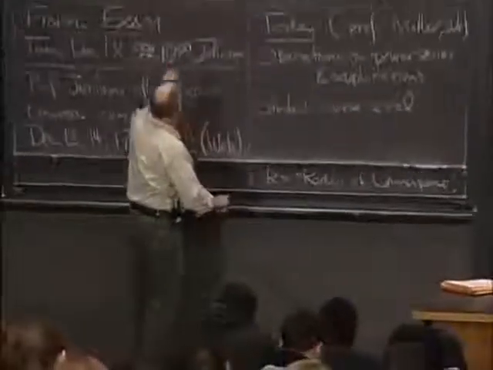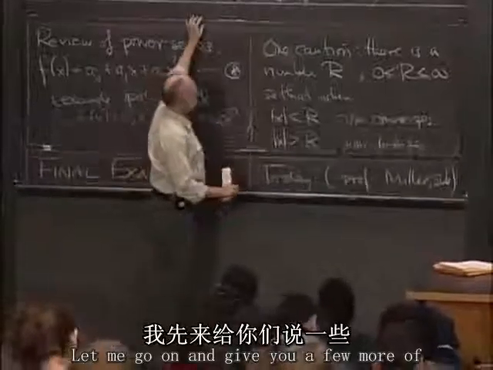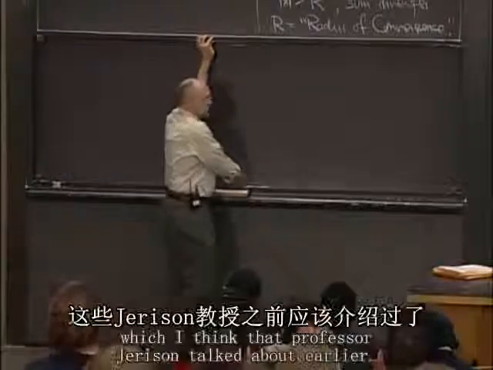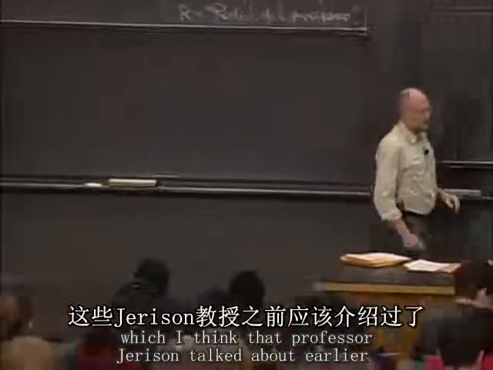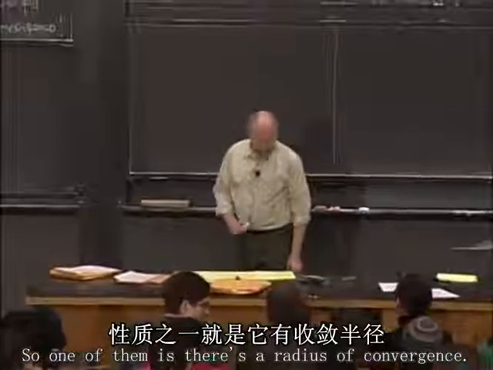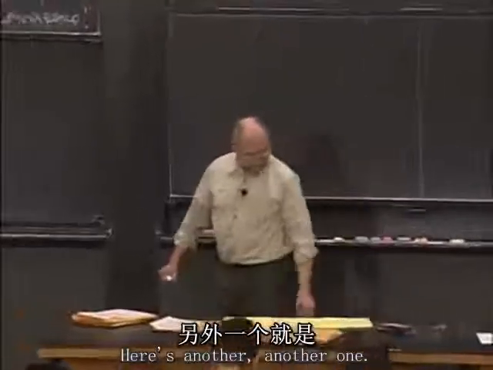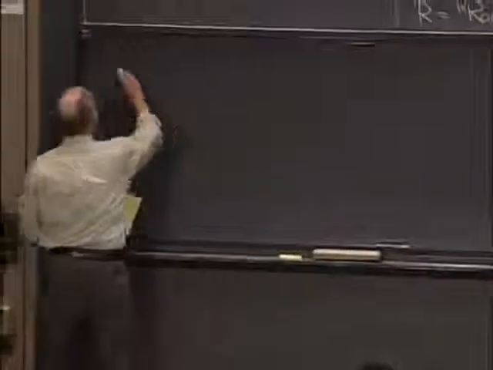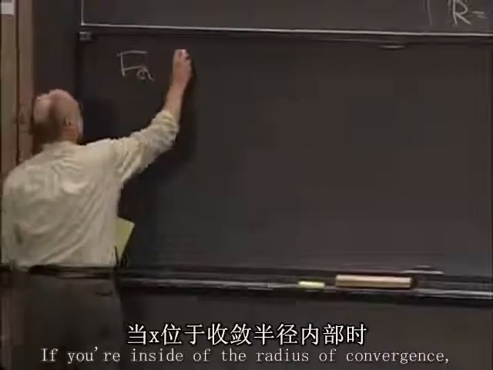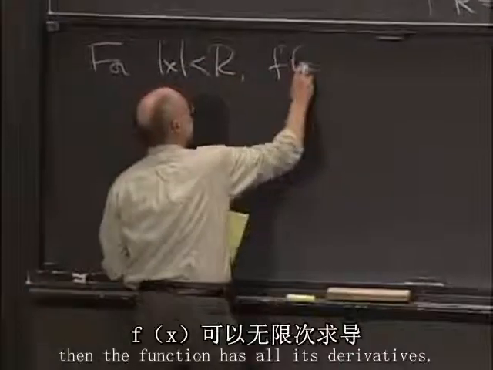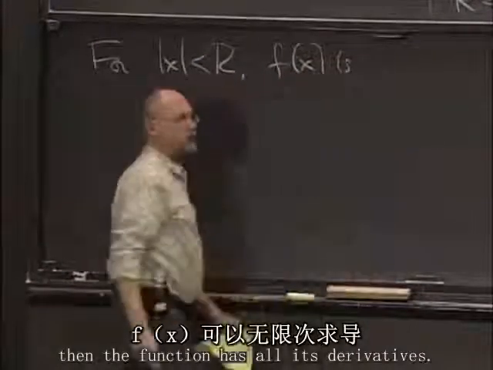Let me go on and give you a few more of the properties about power series, which I think that Professor Jarrison talked about earlier. So one of them is there's a radius of convergence. Here's another one. If you're inside of the radius of convergence, then the function has all its derivatives.